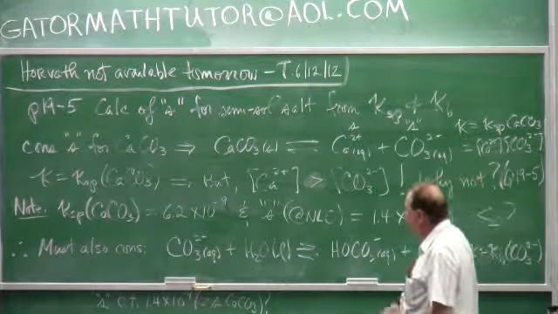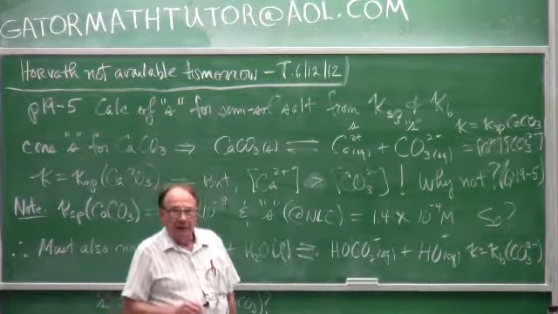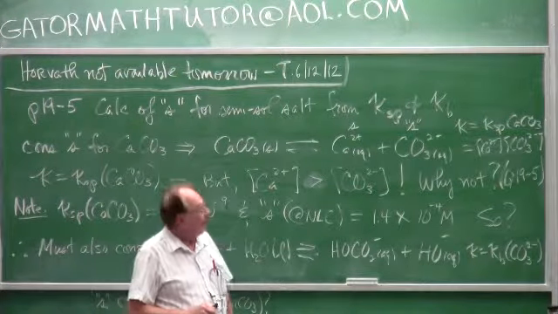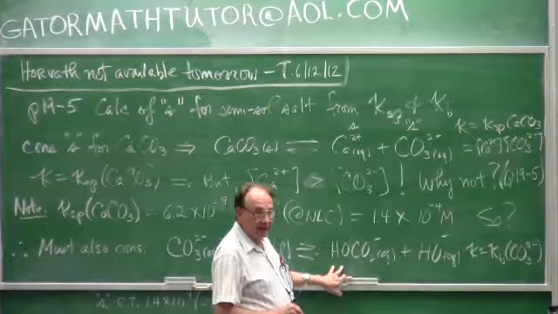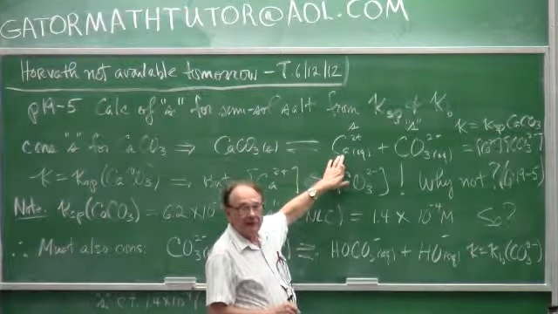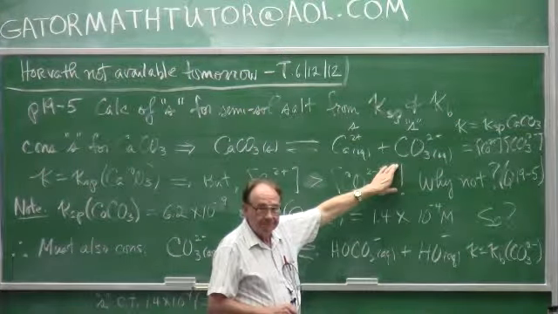Well, we're finding a true solubility which is almost double what we would find if carbonate ion didn't hydrolyze, if calcium ion doesn't affect pH. That's true for calcium ion, but it isn't true for carbonate ion.